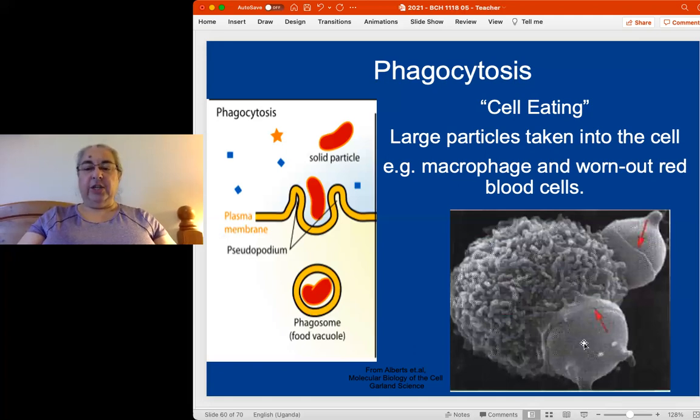It can be digested in this case, for instance. So if you look carefully at what's happening here, you'll realize that what is the outside of the cell membrane here becomes the inside of a vesicle, and what is the inside of the cell membrane becomes the outside of the vesicle.